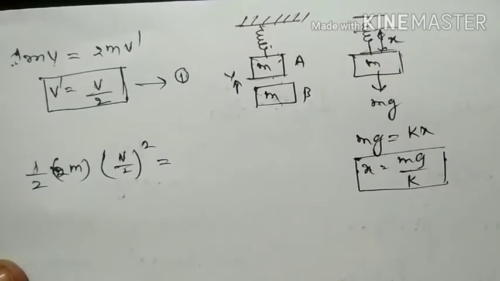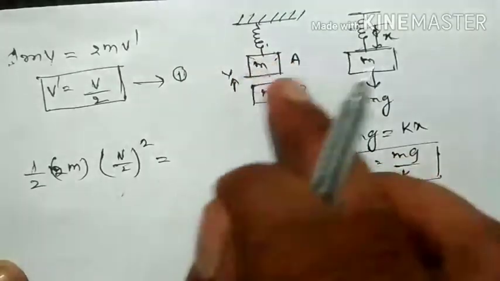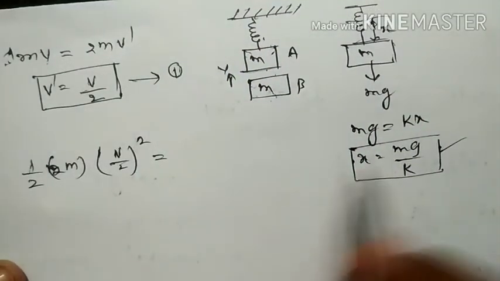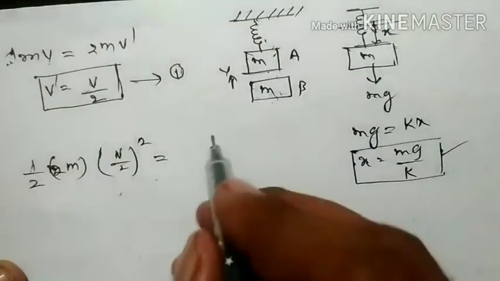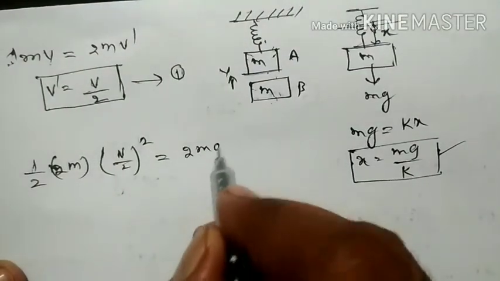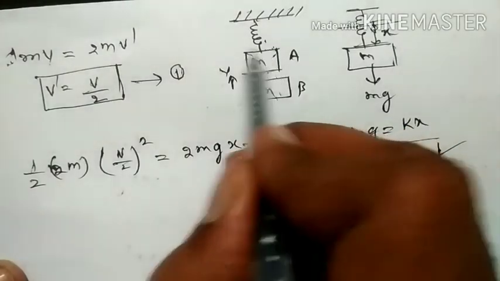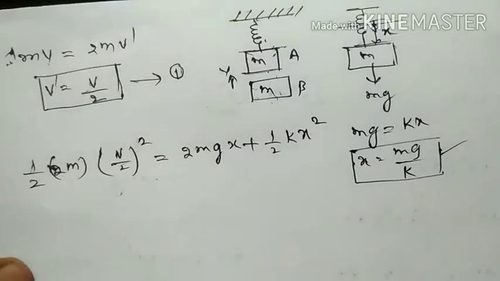This is the kinetic energy. This kinetic energy is utilized to increase the potential energy. So these two systems are moving by a distance of x. When it becomes its natural length, these two blocks are raised by a height of x. So they will come to original position. So 2mg into x plus potential energy stored as half of kx square. So that is also you can consider.